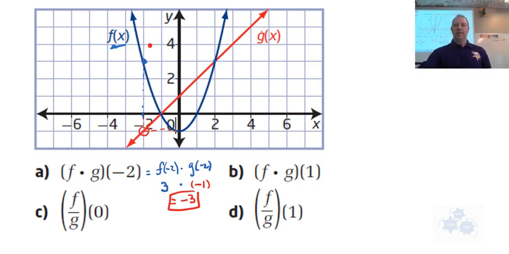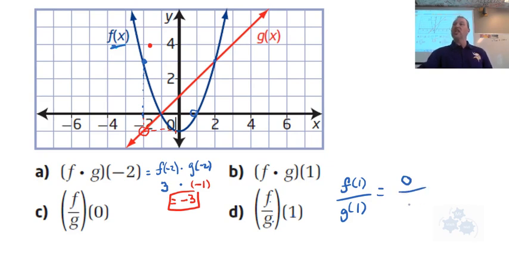Okay, let's take a look at D. Let's skip all the way over to D here. D, f over g of 1. No problem. That's f of 1 divided by g of 1. Does that make sense? So f of 1 is what? Ooh, f of 1 is 0. I know already what this answer is, unless g of 1 is also 0, then we have a problem.